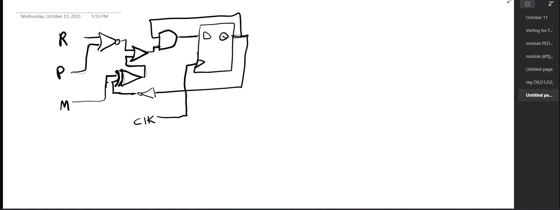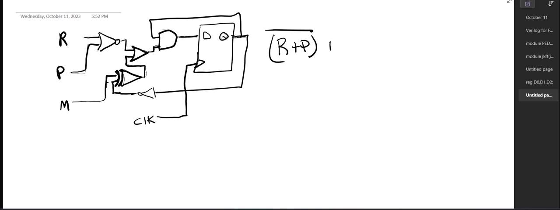So let's first write this as it is written here. Q follows D. So whatever D is going to be what Q is. First I have the NOR of R and P. So the NOR of R and P is R or P, and then that's notted.